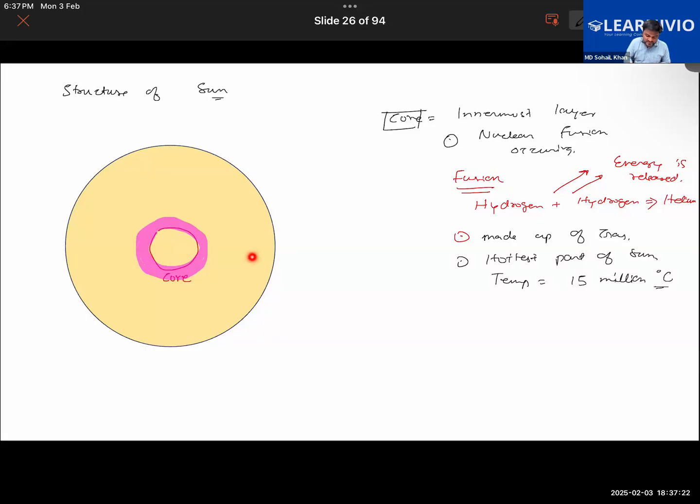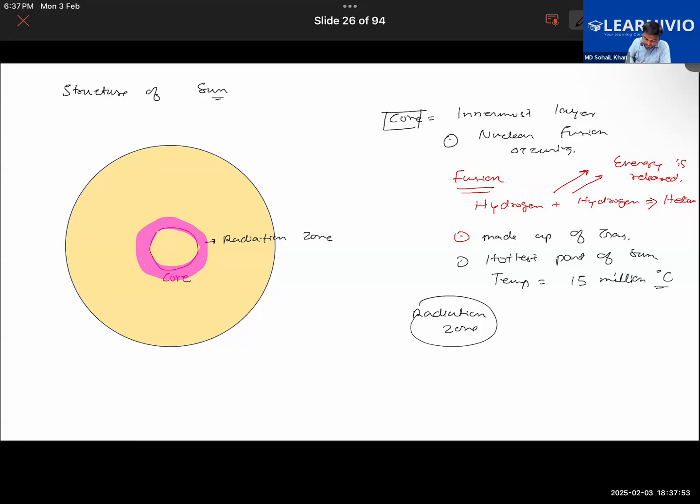The energy that is being created in the core will be released through this radiation zone. Getting what I'm trying to say, Chakrika and everyone? That is the radiation zone. So after the core, we have the radiation zone. In the radiation zone, energy from the core is being transported. It goes through this layer.